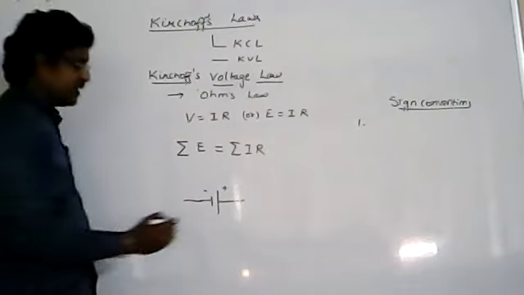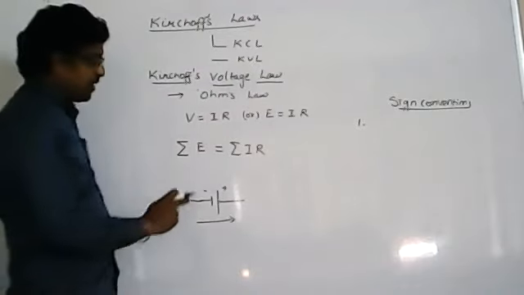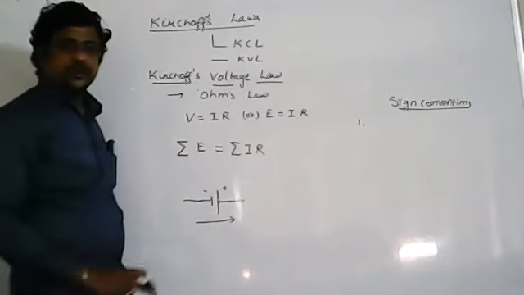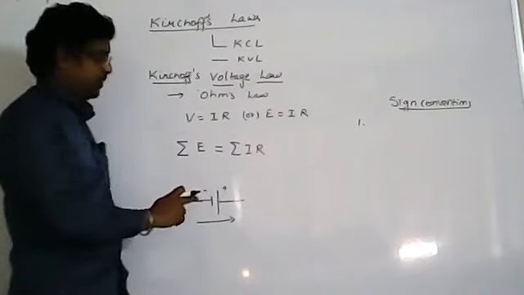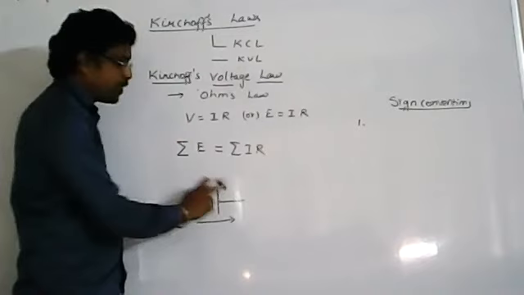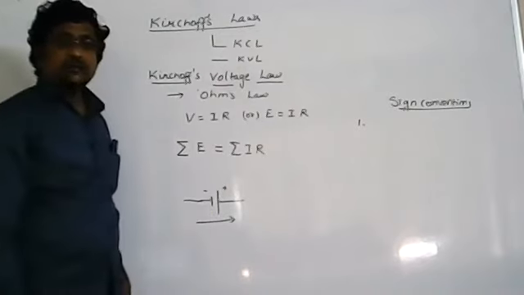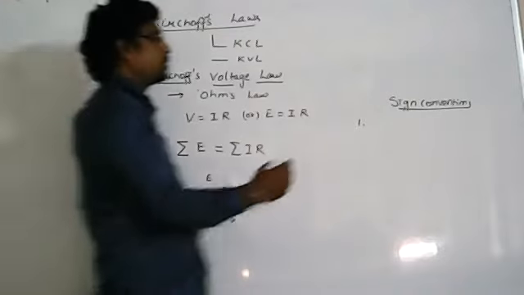When I am moving from the negative terminal to the positive terminal, lower potential to higher potential, because plus is always higher, the value of voltage is taken as positive.